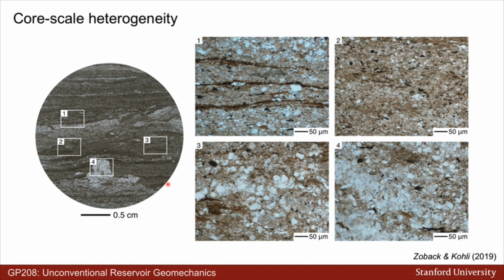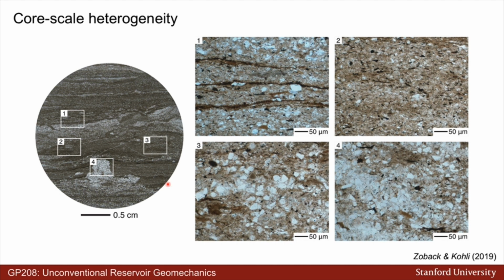But if we just look at this rock as sort of a microcosm of the reservoir, we can see that if we pick just 4 random regions across the rock, the rock itself is actually composed of these microfacies. It's actually layered on a scale at about the centimeter scale and below.